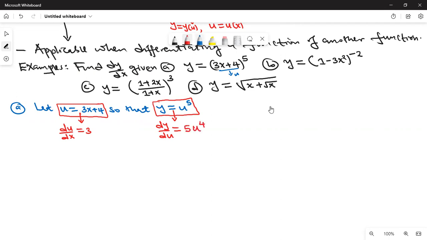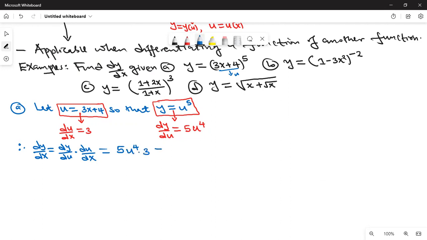So therefore, dy dx is dy du times du dx. When we multiply, dy du is 5 u raised to 4, du dx we got 3.